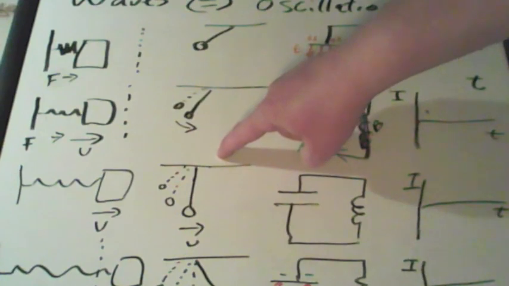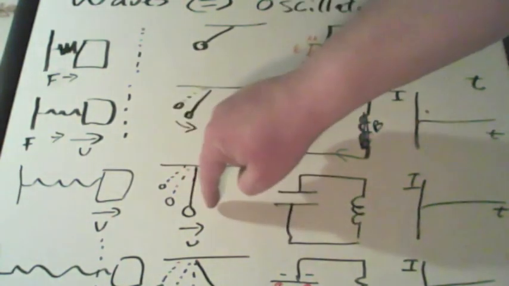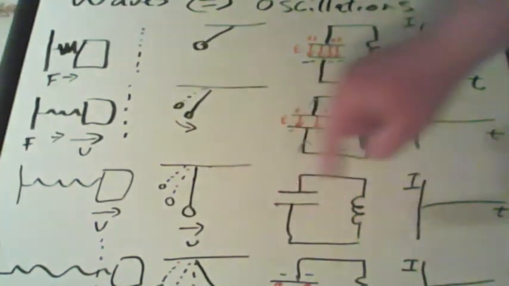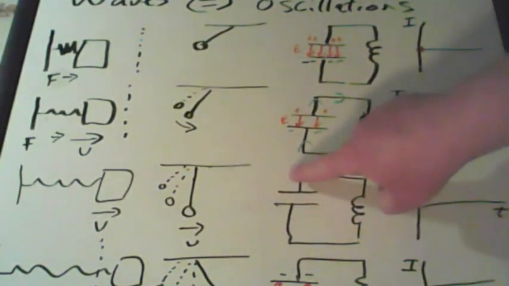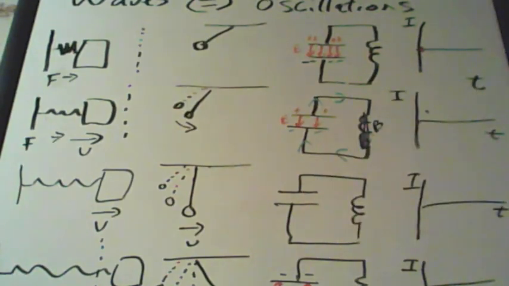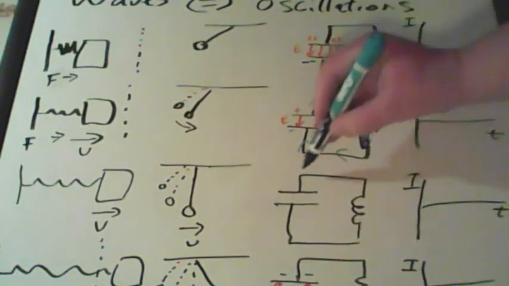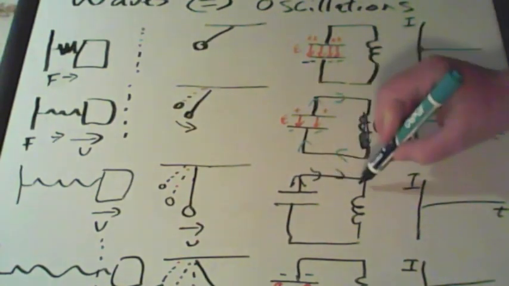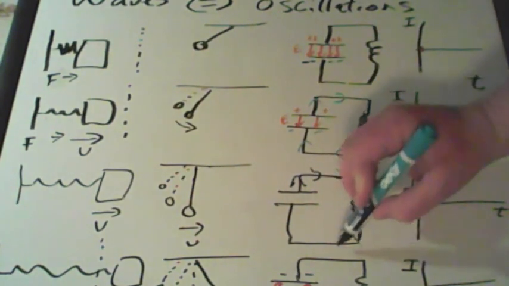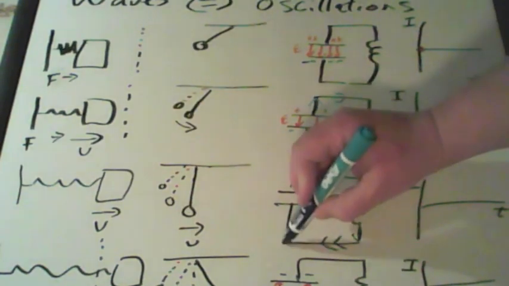In the case of the pendulum, as it swings through equilibrium, this is the fastest it can be moving. In the LC circuit, here the capacitor is completely discharged, and the current, for at least an instant, is at a maximum value.